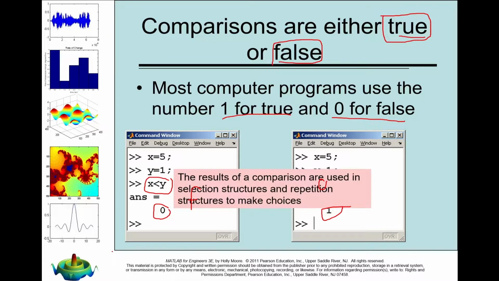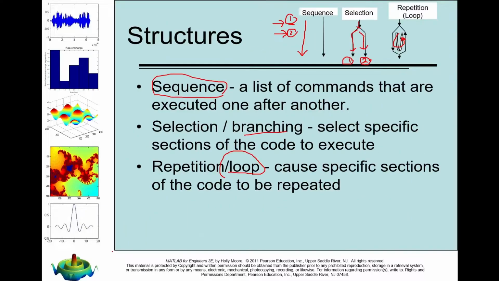So what is the importance of these comparison results? These results of comparison will be used in the selection and repetition structures to make choices. Remember that in selection, normally there are two branches. This one is if the result is true.